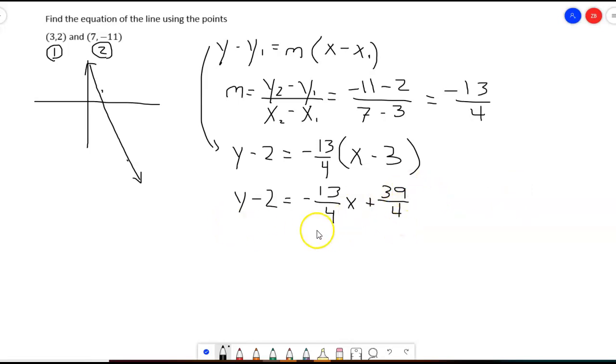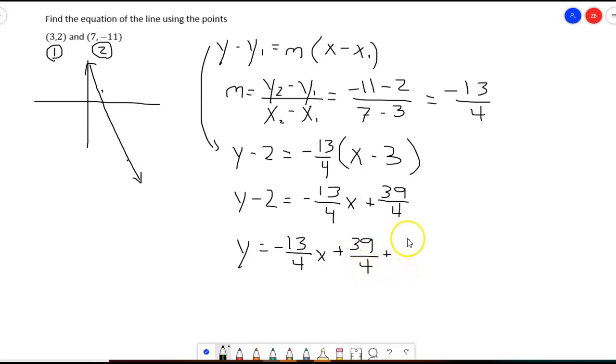And the last thing I want to do is add 2 to both sides. So y is equal to negative 13 over 4 x plus the 39 over 4. And then I want to add 2, but I want to add it in such a way that it has a common denominator with this fraction.